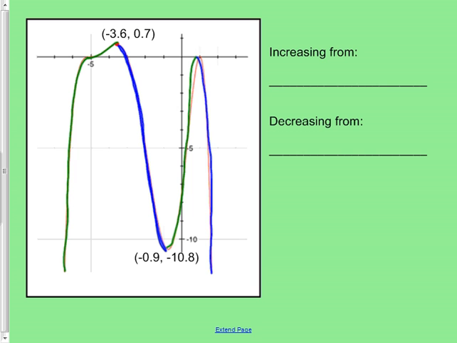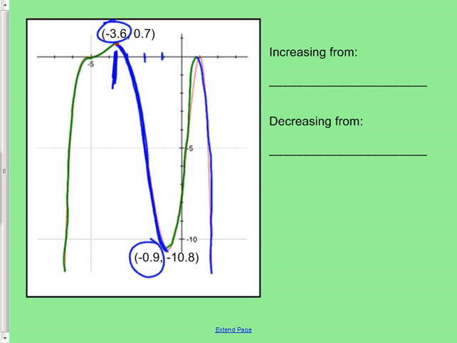I'm saying that this interval right here, this blue one, where it's going down, you would say it's decreasing from negative 3.6 to negative 0.9. Because here's negative 3.6 right there.